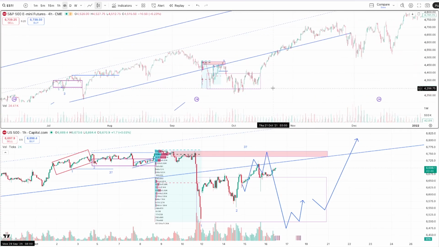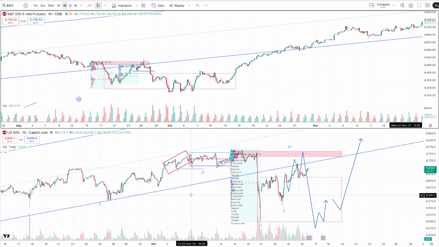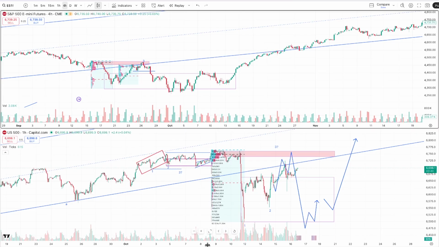So I'm expecting the same thing, all things being equal, from where we are now currently.